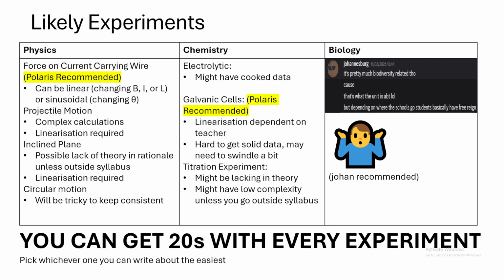So if you think that titration might be the best experiment for you to get good data with, but you don't know what to write about, I wouldn't recommend doing that. Instead, galvanic cells might be better since you can write about things that went wrong in the experiment, and that will add up in your word count to give you that 2,000 words and that level of detail that a 20 is needing.